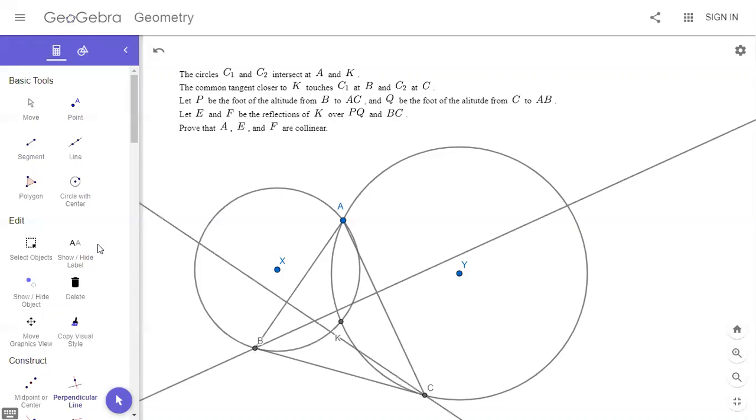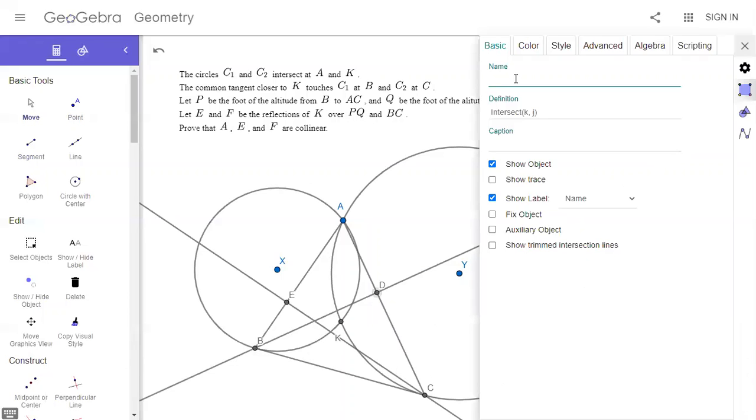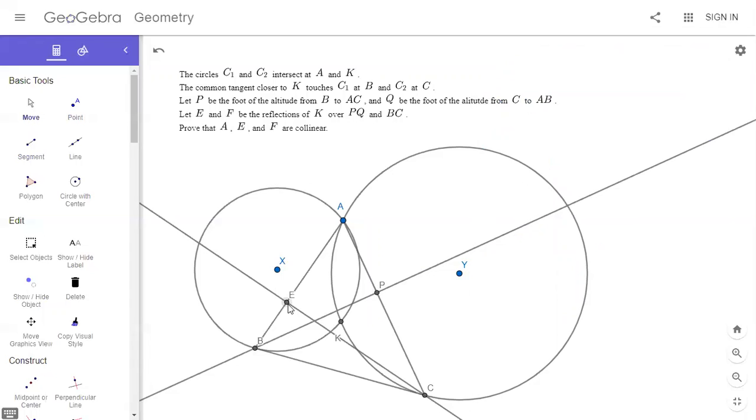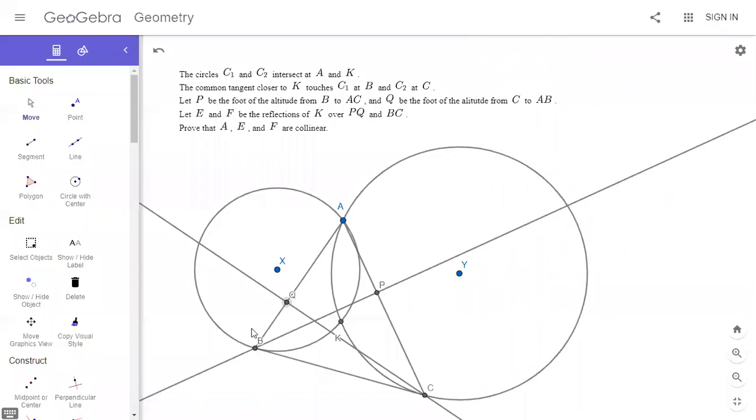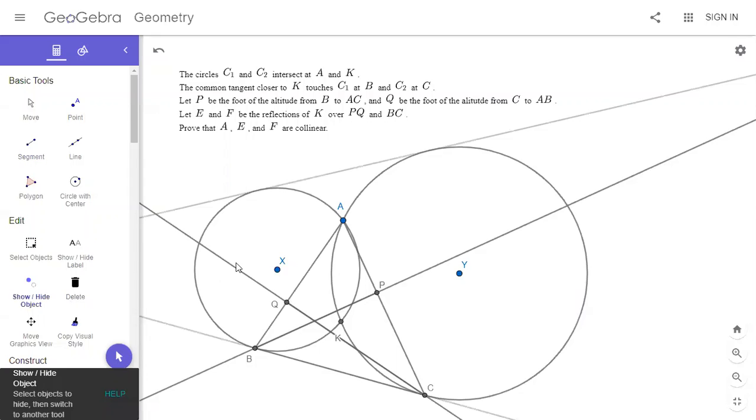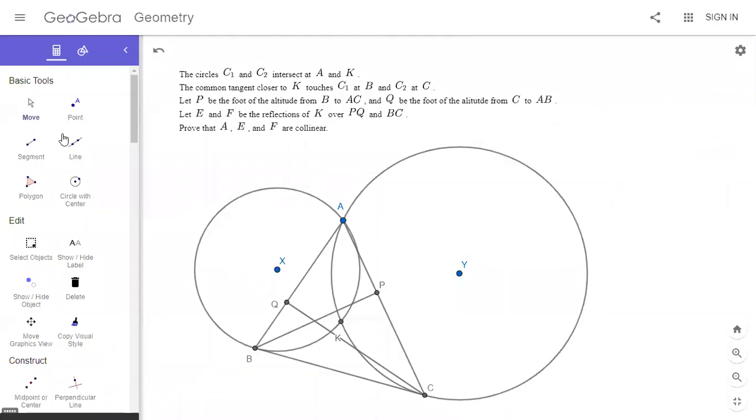Okay, so P and Q. All right. And E and F are the reflections of K over PQ and BC.